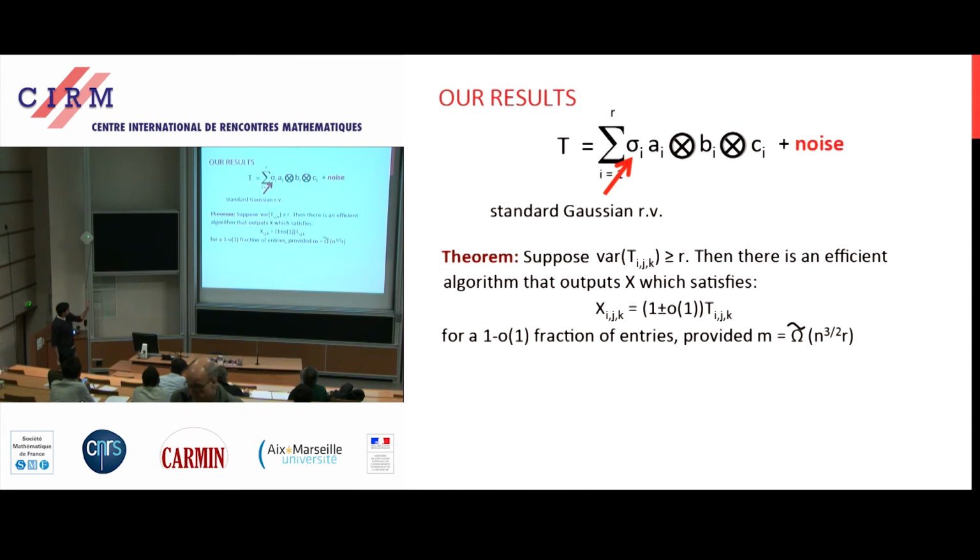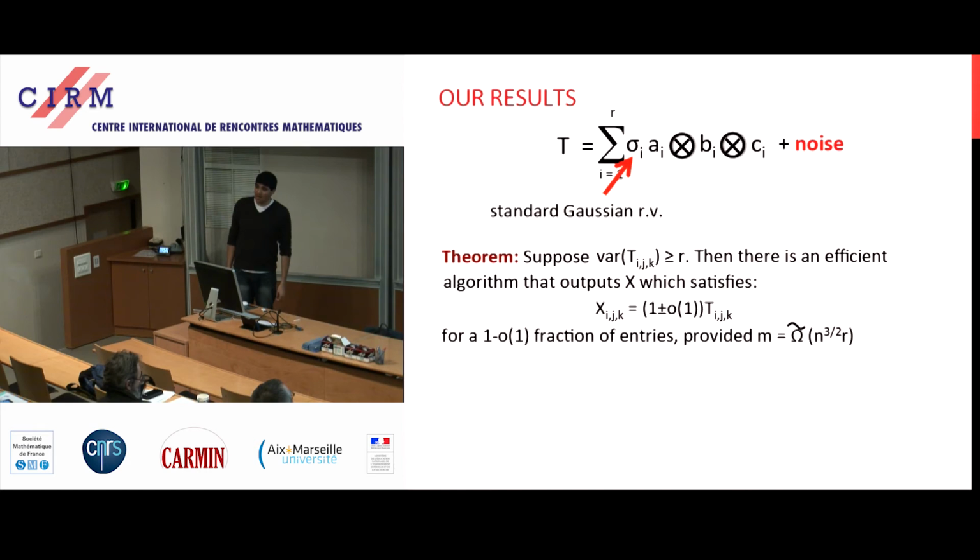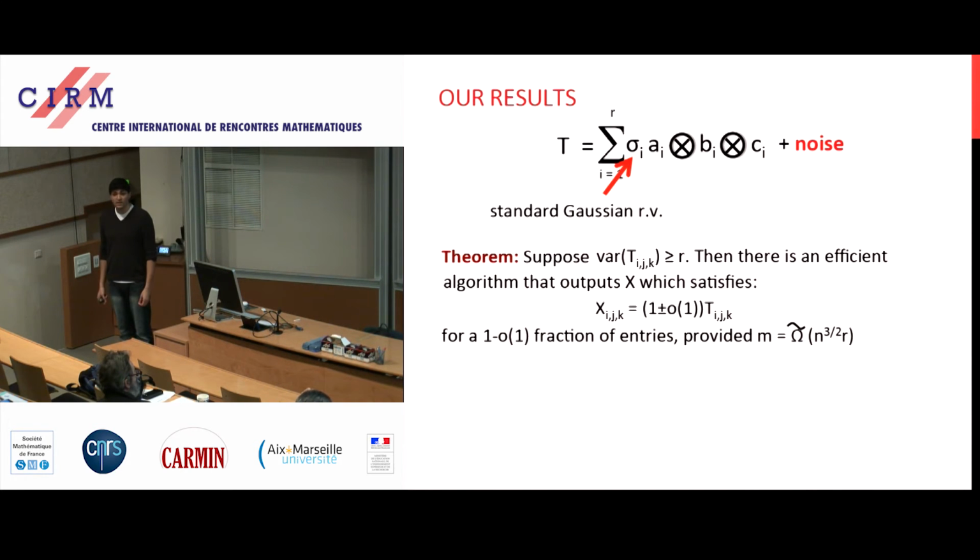So the point is that if you assume a lower bound on the variance, in fact, this is probably a typo, you need variance at least R over polylog n, then there's an efficient algorithm that, given n to the 3/2 times R observations, outputs a hypothesis X that for almost all of the entries gets them almost entirely correctly. So for 1 minus little o of 1 fraction of the entries of T, X is multiplicatively close, within a 1 plus or minus little o of 1 factor, of T.